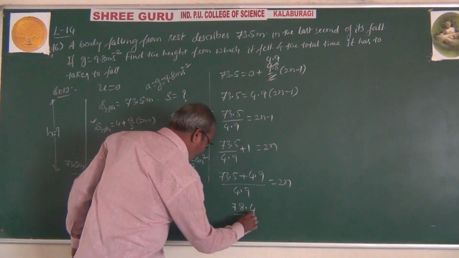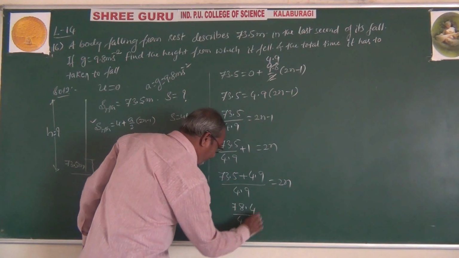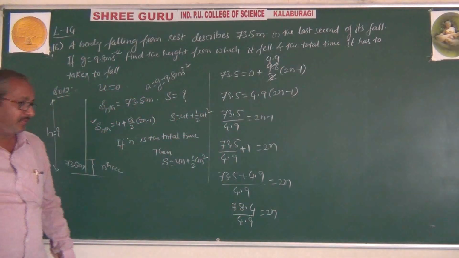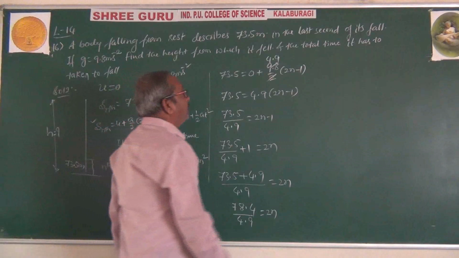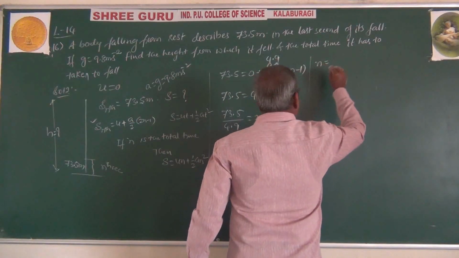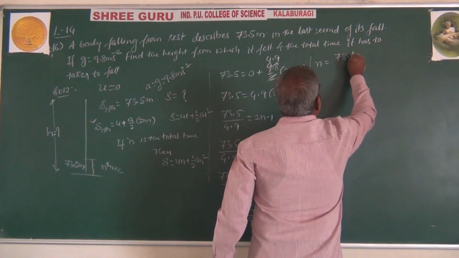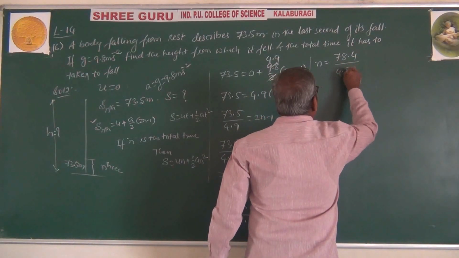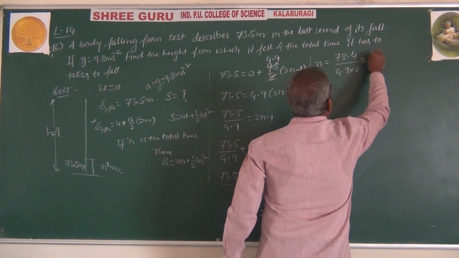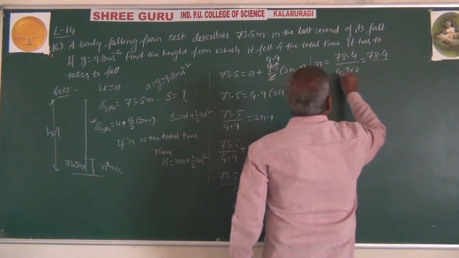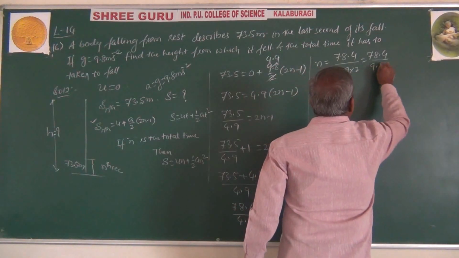So 78.4 divided by 4.9 equals 2n. Then n equals 78.4 divided by 4.9 into 2, that is 78.4 divided by 9.8.